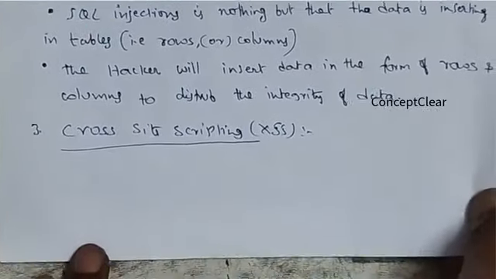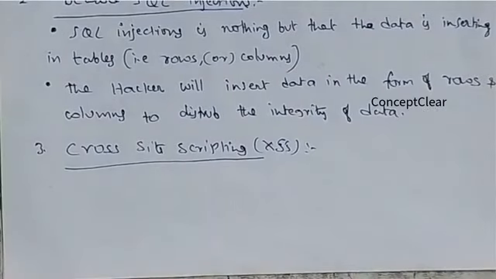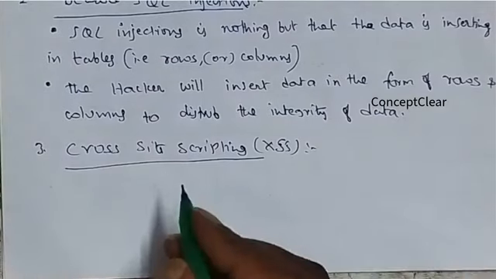Here the attacker will send site scripting to your website, like any data related to the client. For example, they will send forms. Once you click on that, they will hack our data. This is called cross-site scripting.